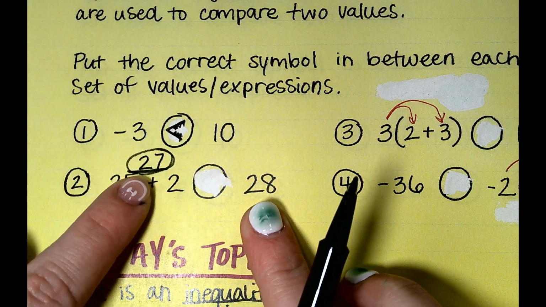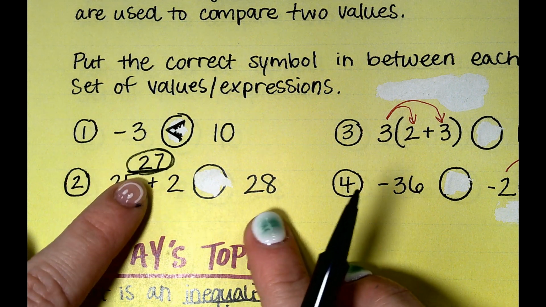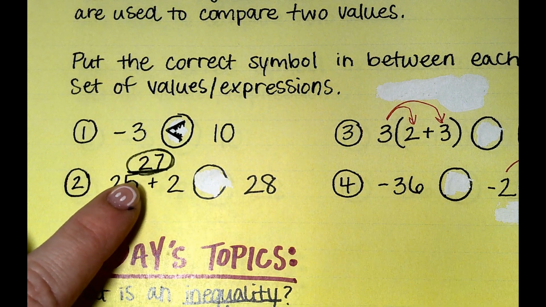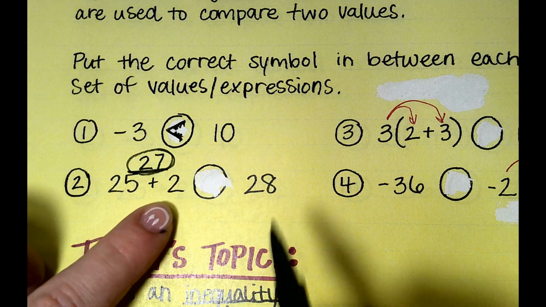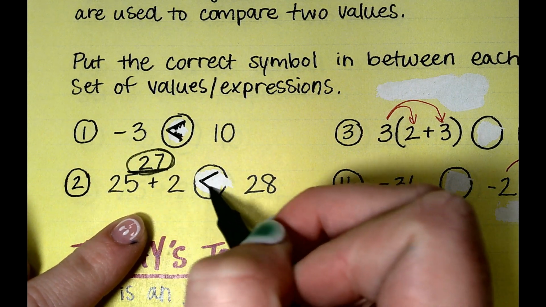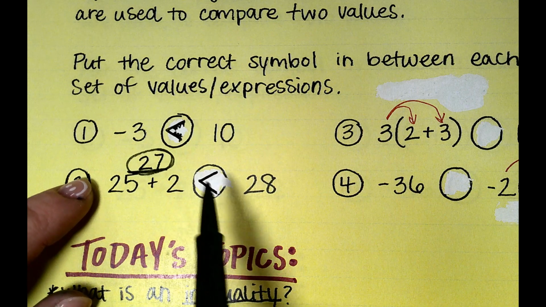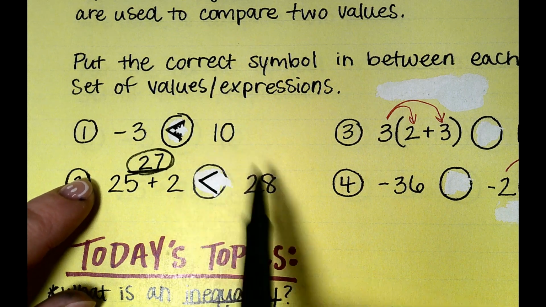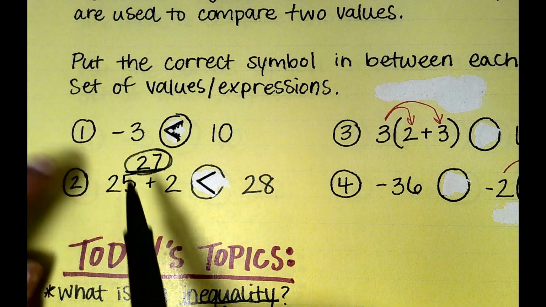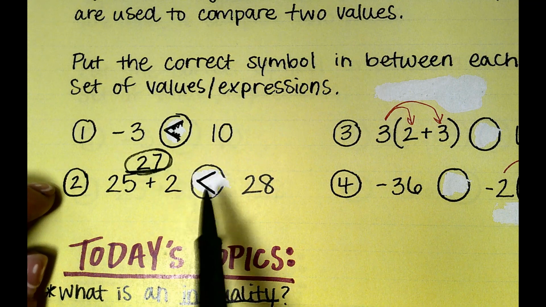Is 27 greater than 28, or is it less than? Less than. So again, just like number 1, we write the less than symbol, and you can see the alligator's got his mouth open towards the bigger number. 27 is less than 28.